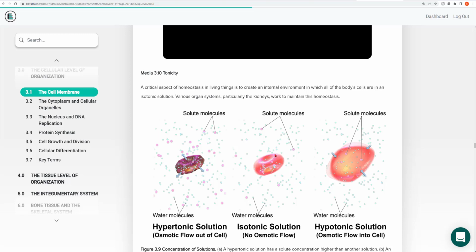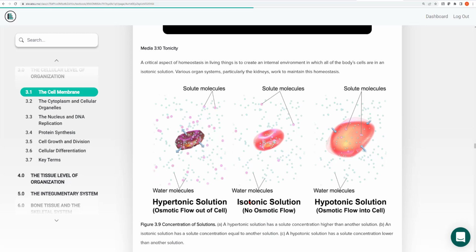The cell is maintaining its shape. Life is good. Remember from geometry that iso means same, right? So iso means same. Now, what happens if we put a red blood cell into an environment over here referred to as hypertonic?